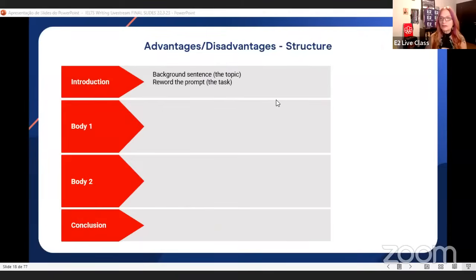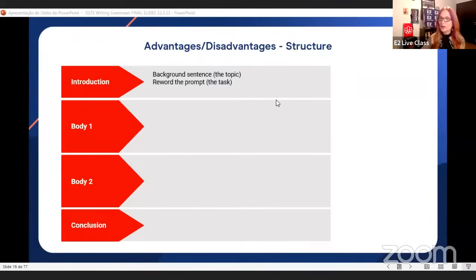And then the discussion is going to unfold as the essay develops. You reword the prompt. Why do you reword the prompt? Well, in real life, the reader does not read your prompt. The examiner will, but a reader reads the essay. So it's your job as the writer to inform the reader where the discussion is coming from.